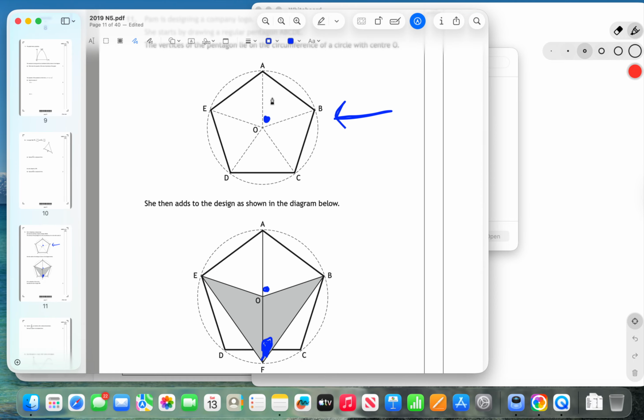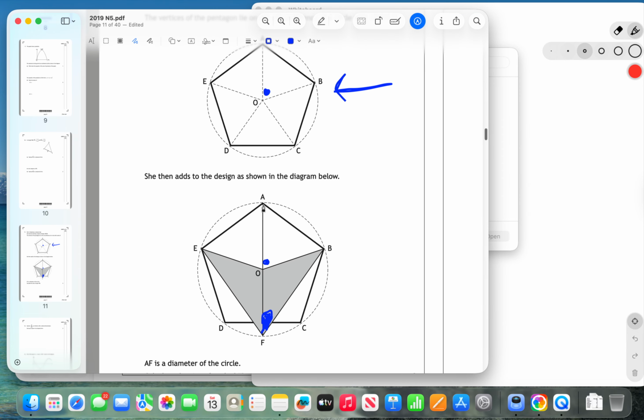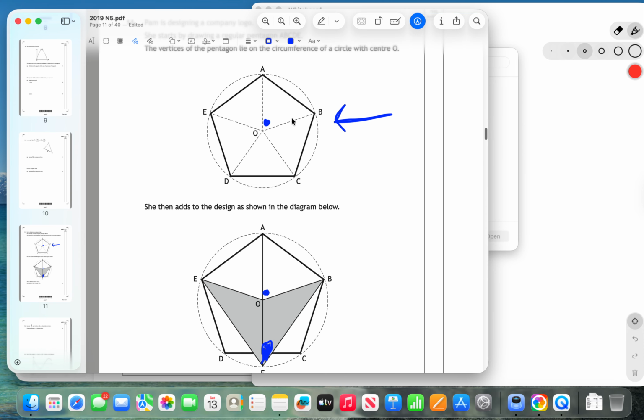Those are the same angle. So let's first of all calculate the angle AOB.